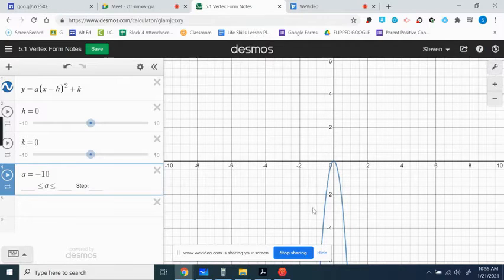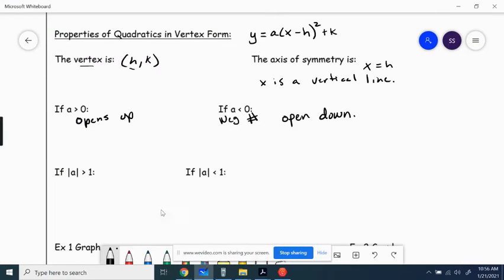It appears the parabola is more narrow than the parent function. Let's write that down. If the absolute value of a is greater than 1, the parabola will be more narrow than the parent function.